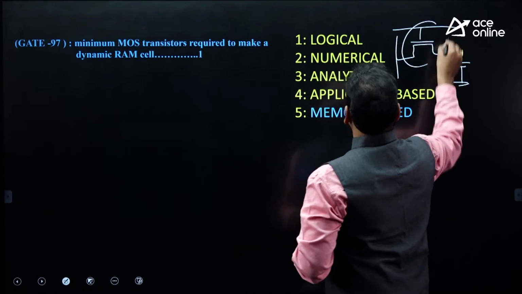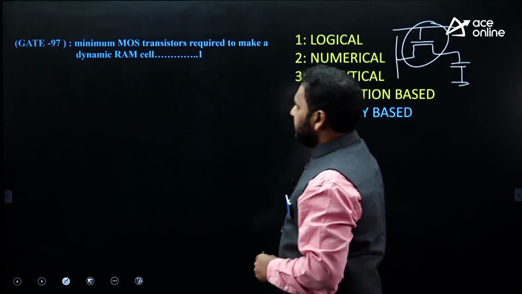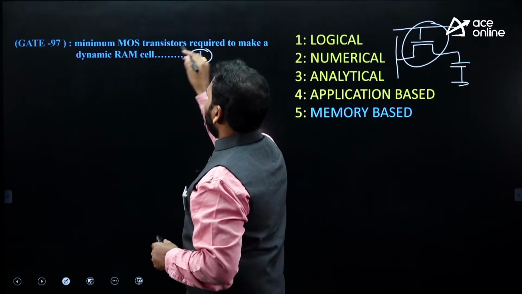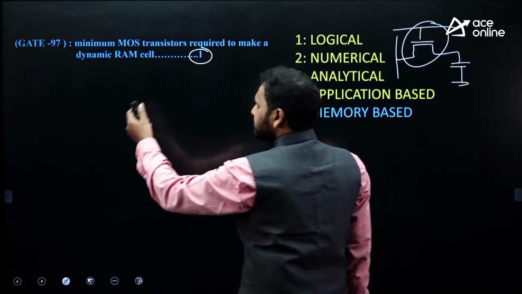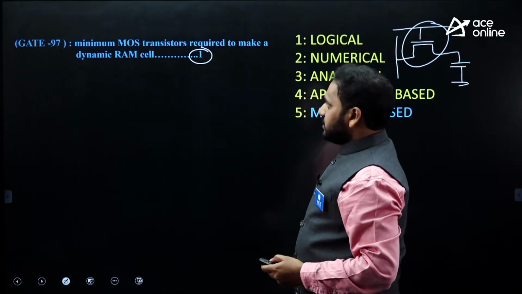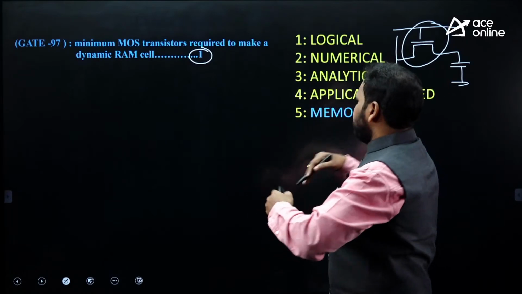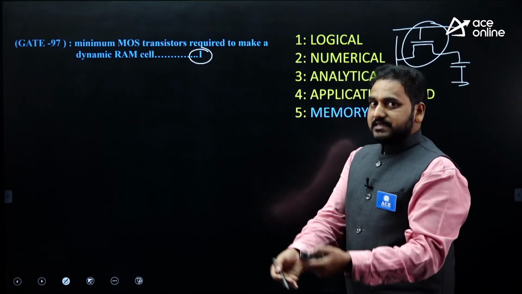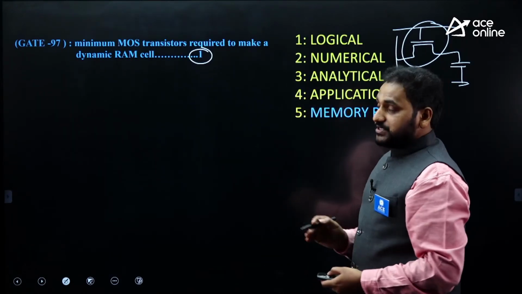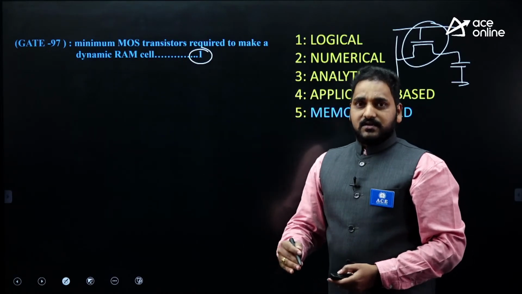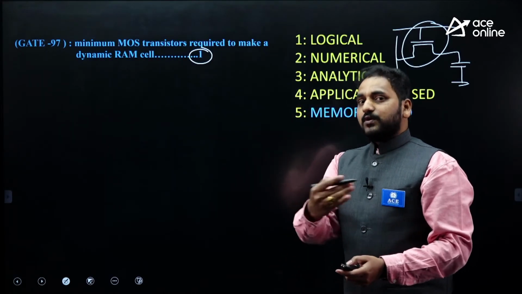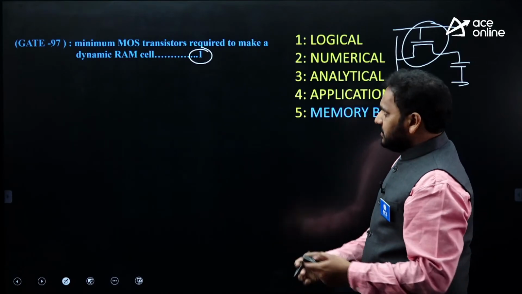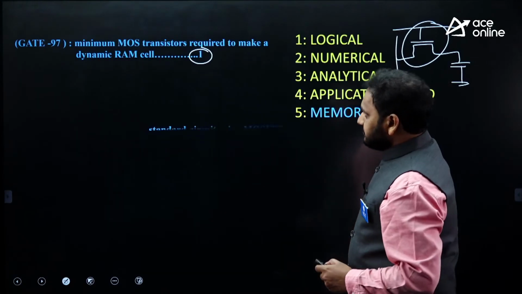It is for 1 bit storage. For a RAM cell, we need only one MOS transistor. There is nothing to do in the exam hall on paper. It is memory based, but very rare cases. Every 5-6 years, you can find 1 or 2 questions in GATE. That is the reason I said 0 to 2%, okay?